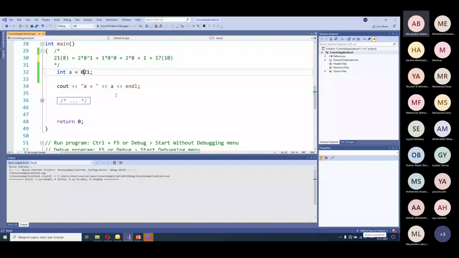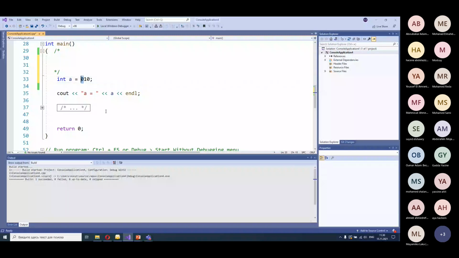Okay. The question: why does Visual Studio read it that way instead of as 10? Right, very simple. The prefix 0, this first 0, corresponds to the octal number.